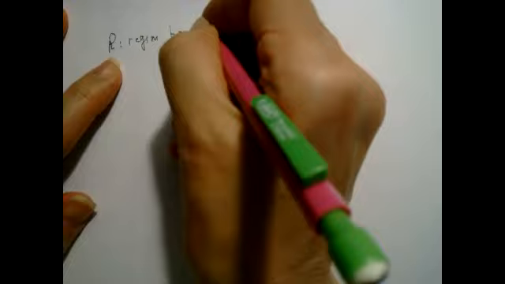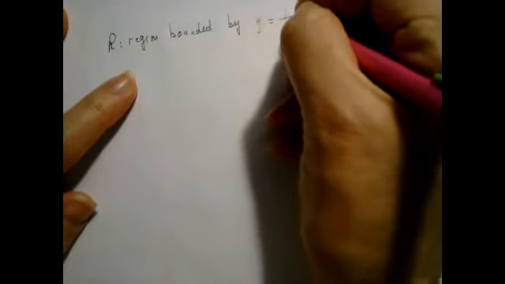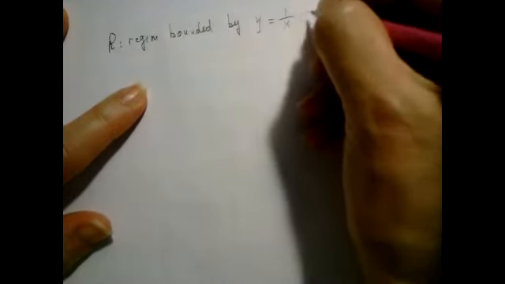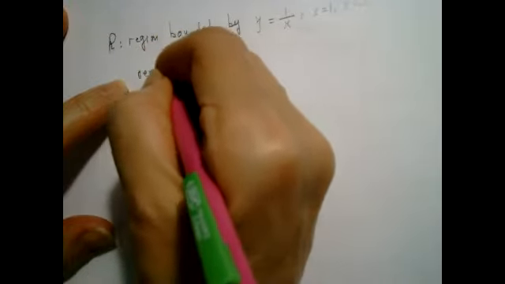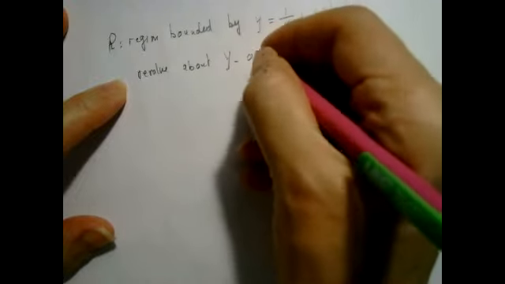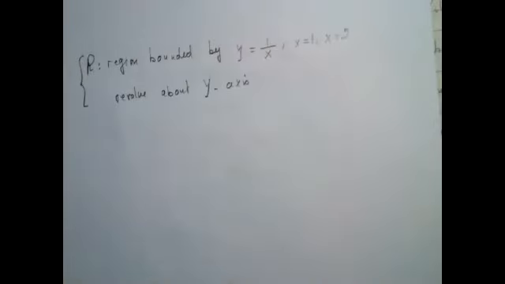Let R be the region bounded by y equals 1 over x, a very, very simple region, x equals 1, x equals 2, and revolve about the y-axis.